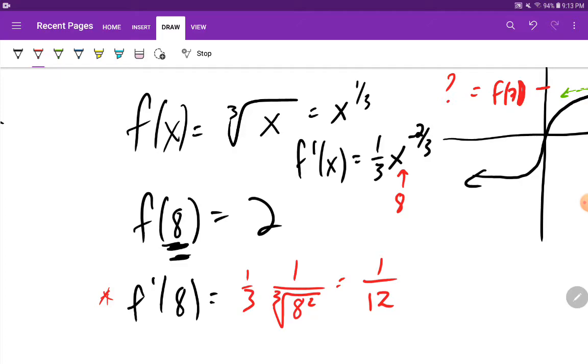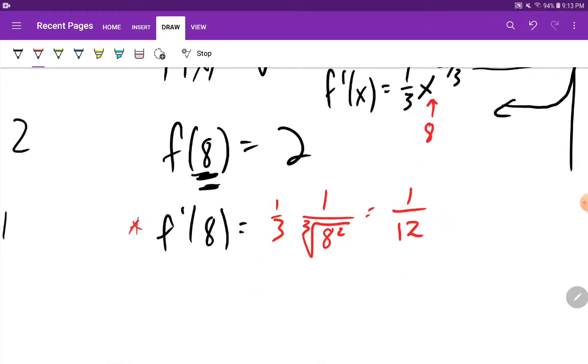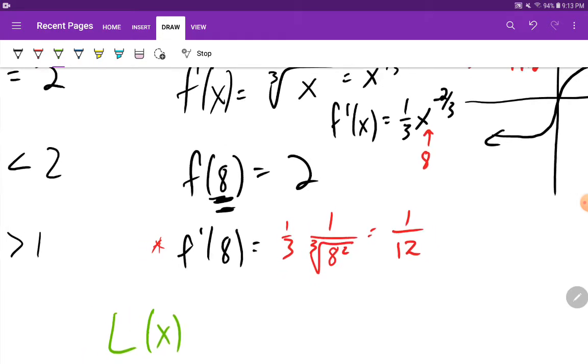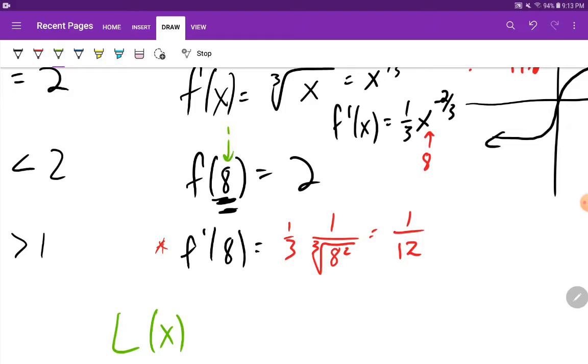So the equation of the tangent line, using the new definition, L of x, is the equation of the tangent line at the known point. This is the known point because we know what the cube root of 8 is. And how do we do the equation of a tangent line?